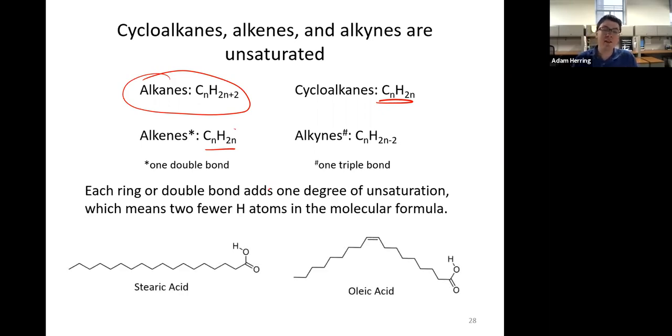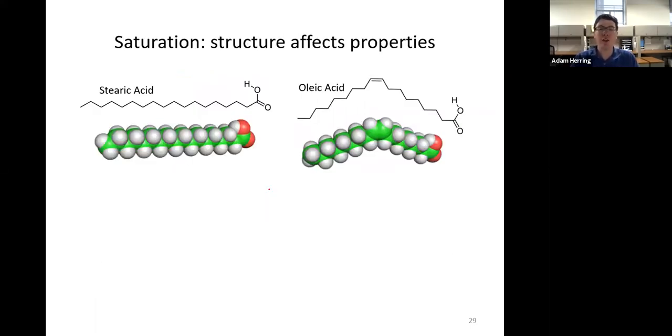We can see this in a practical sense when looking at saturated fatty acids, such as stearic acid, and unsaturated fatty acids, such as oleic acid. The saturation level is going to affect the properties of those molecules. Because stearic acid is saturated, we're able to form linear chains of stearic acid, whereas the double bond in oleic acid forces it to take a kind of crumpled shape.